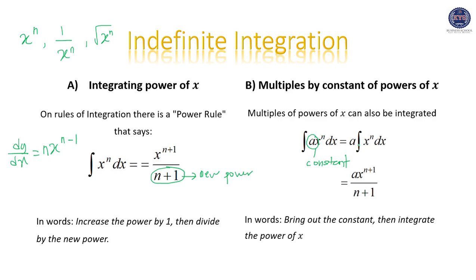So what you can do is take the constant outside, settle the integration of x with power. Okay, so at the end you multiply with the constant, after you complete integrating the x power of n. How to integrate x power of n? You can refer over here. So you can see at the end I multiply with my constant. In words, bring out the constant, then integrate the power of x.